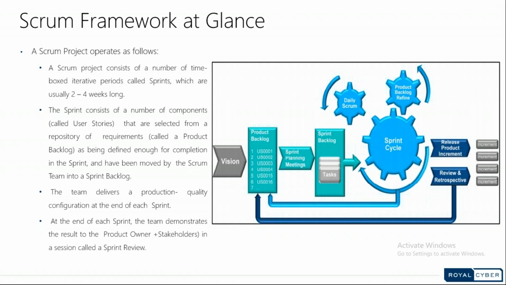Once the developer takes the story and builds it, and the story is completed, we give a demo to the product owners and the stakeholders and get feedback from them. If any changes are required, we iterate the cycle again until we get the final approval from the customer.